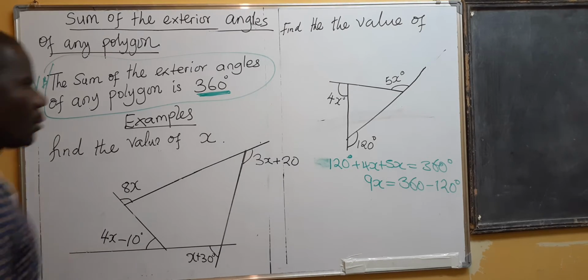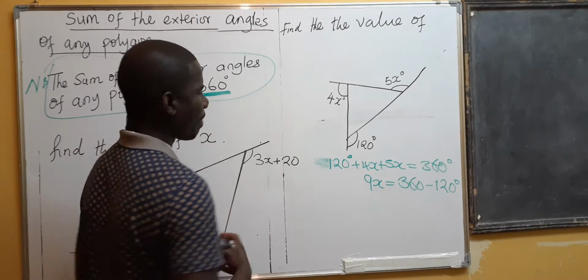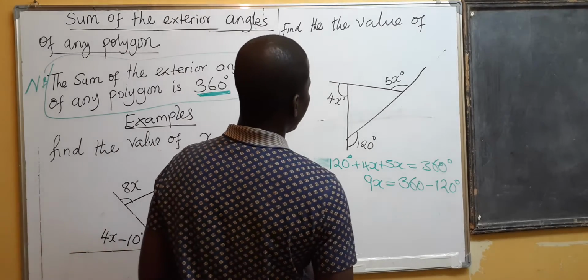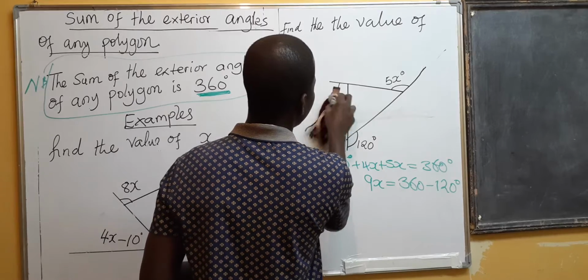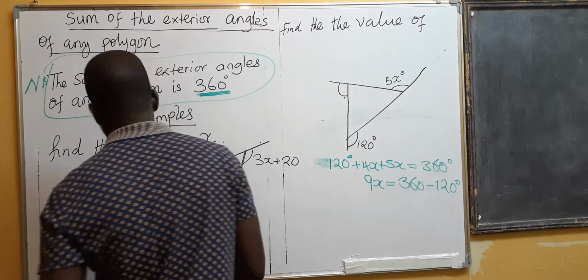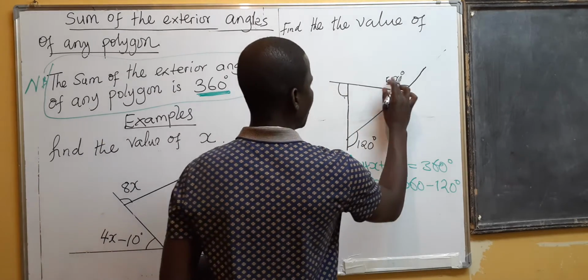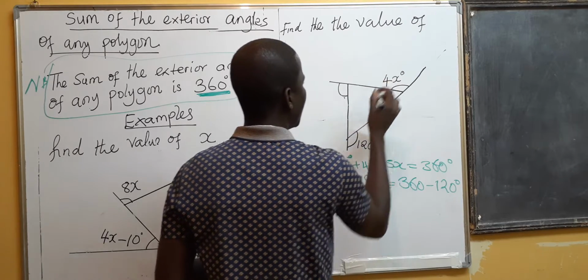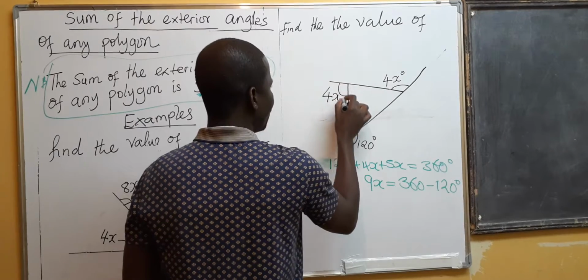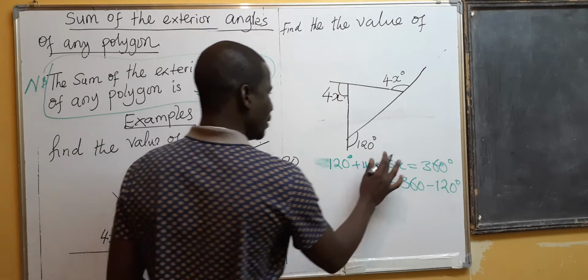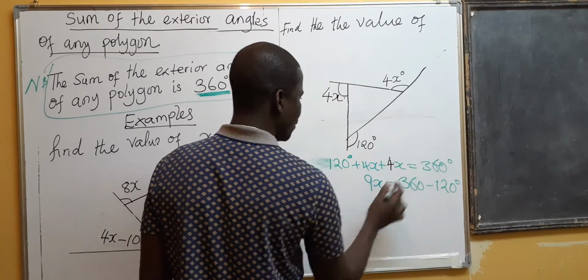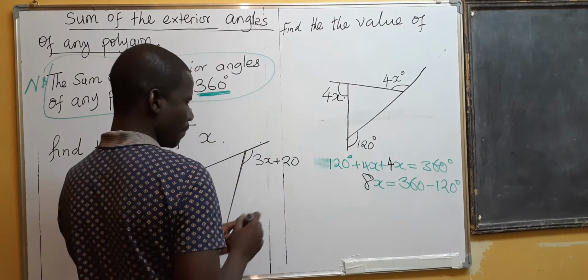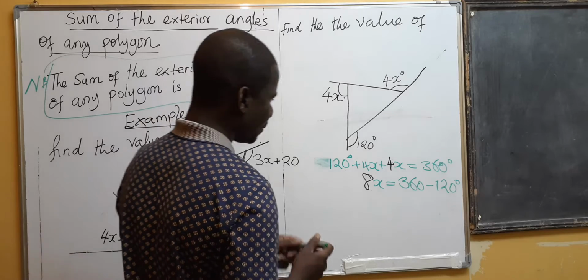Let's make corrections on the question. They are supposed to both be 4. This is supposed to be 4, and even this one here is supposed to be 4, so take note of that. So this is 4 and this is 8.